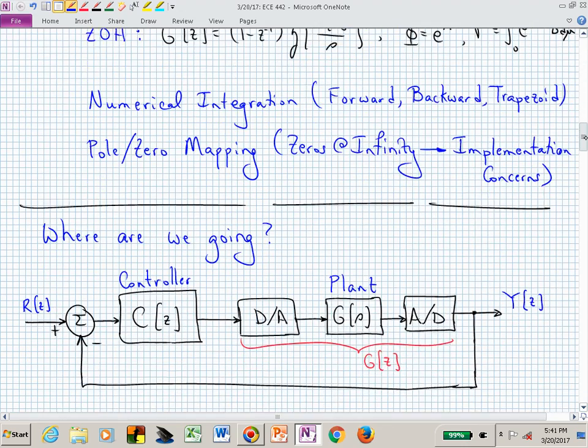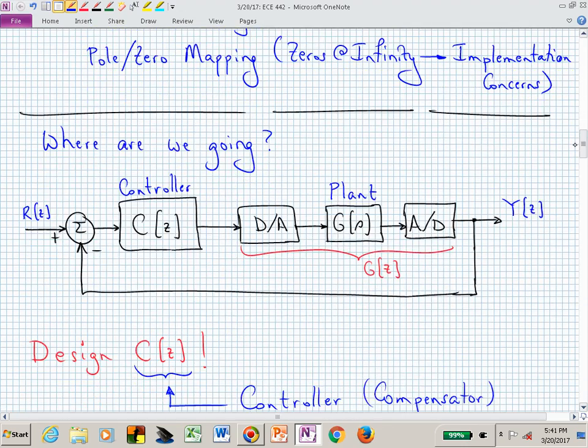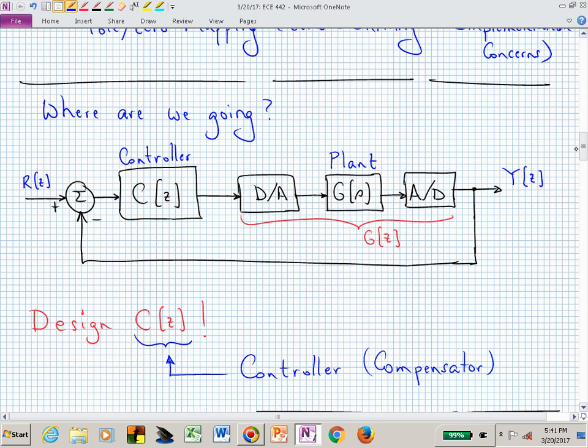That's where we've been. Where are we going? What we want to do now is focus on creating or realizing or coming up with these controllers, transfer functions, let's say capital C of z, in our generic block diagram. We want to be able to design those, and I might call that a controller, I might call it a compensator.